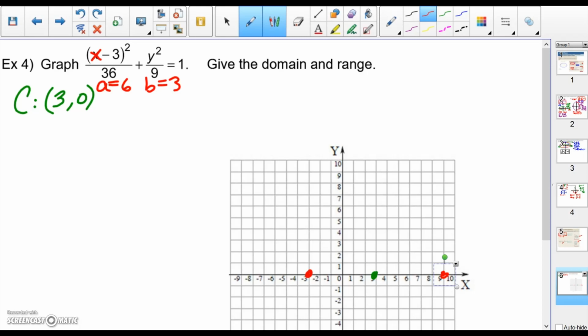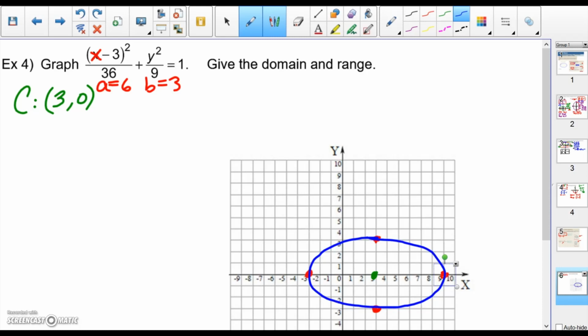And your minor axis goes from the center 3 up and 3 down. So I see an ellipse that looks like that.